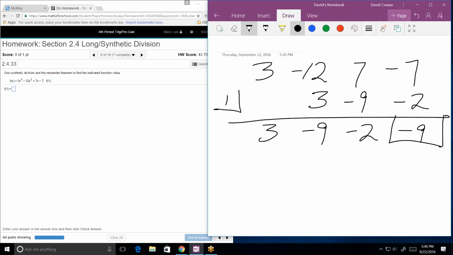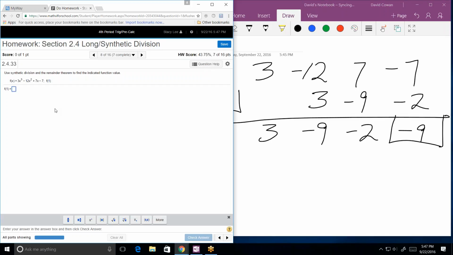In other words, I know what the value is. The value is 3 minus 12 plus 7 minus 7. So the value has to be minus 9. I guess it's that remainder. That's all you need. Yeah, that's the same thing you get when you just plug in.